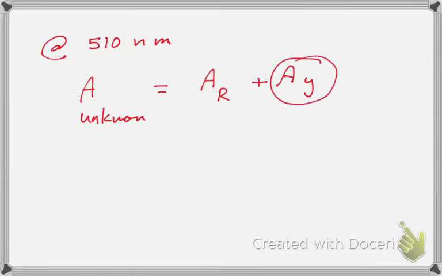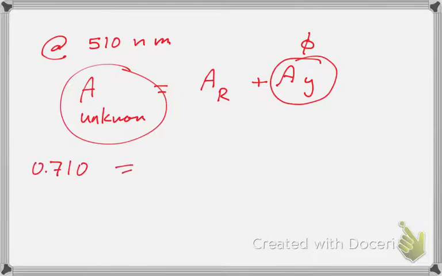We did agree that we're going to consider the yellow to be 0, so it will be the absorbance of the red. I do have this value. It was 0.710. Now, what is the absorbance of the red equal to? It equals K of the red at 510, because remember, I have 4 K values.